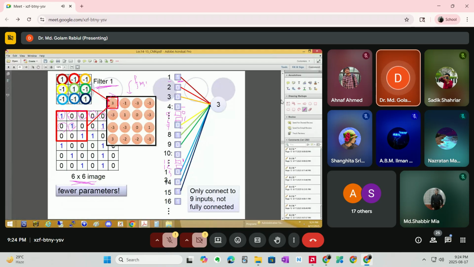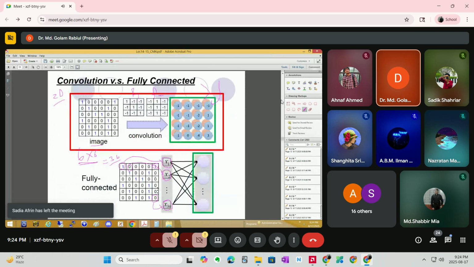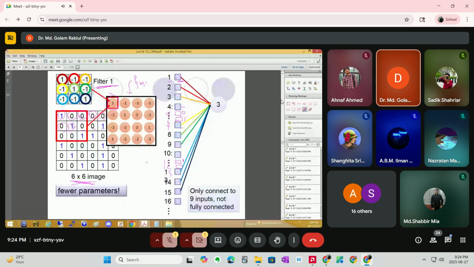Then the 12th position is 0. And then 13 is 0. 14 is 1, and 15 is also 1, like this. So these are the positions and their inputs. Those are the input values.